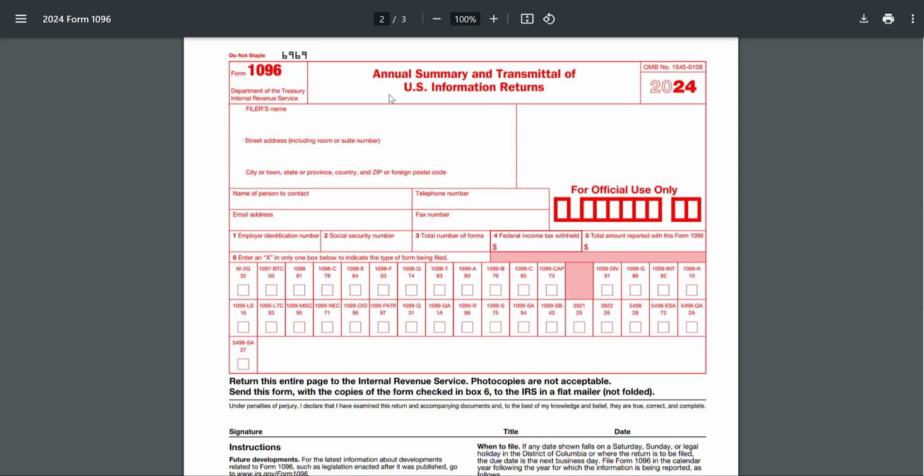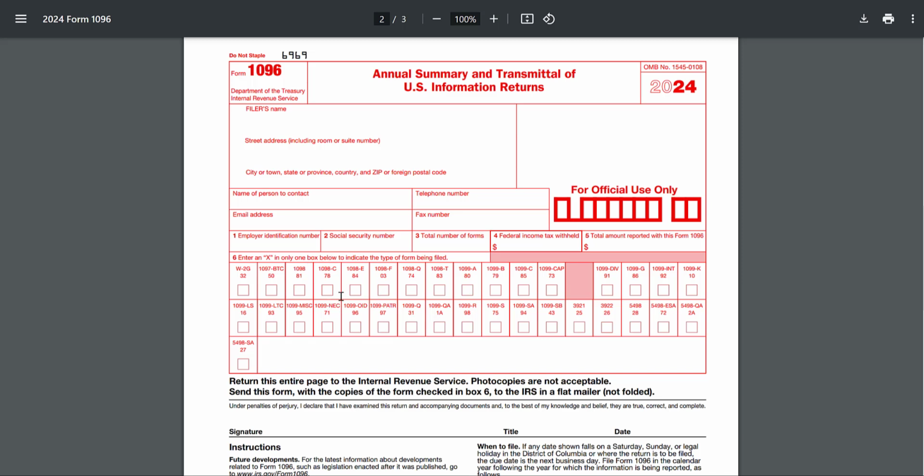So it's gonna have the filer's name, so the business or individual, this is you, right? Because you're filing this with the IRS. Street address, name of person to contact, email address, phone number, fax number, your EIN or social, like whoever the filer is, and then total number of forms, federal income tax withheld, and total amount reported.